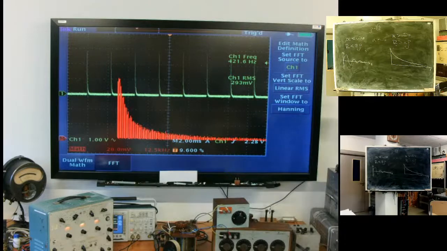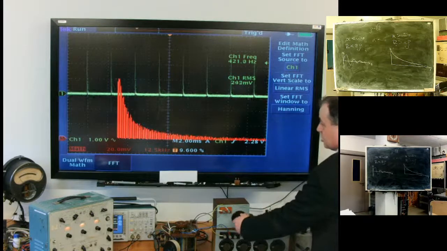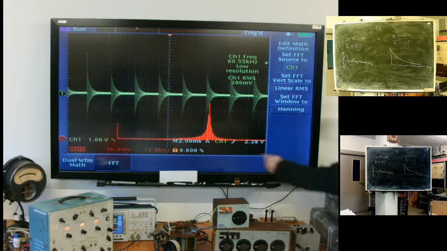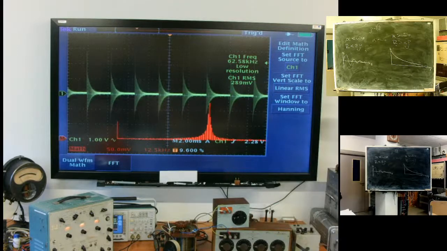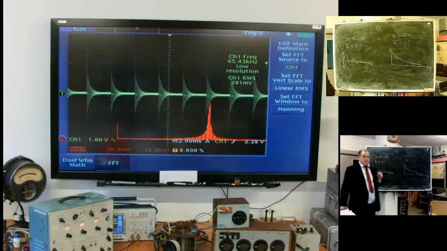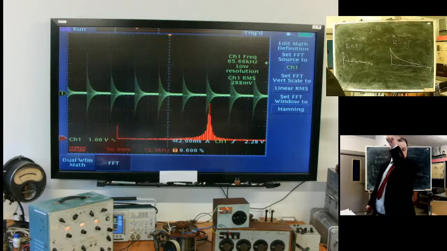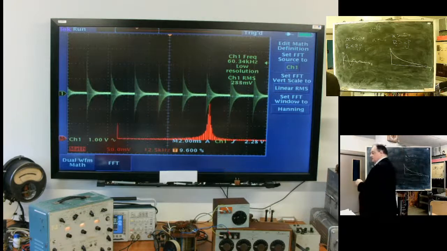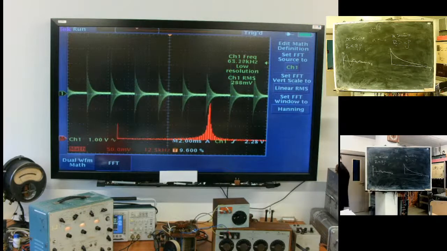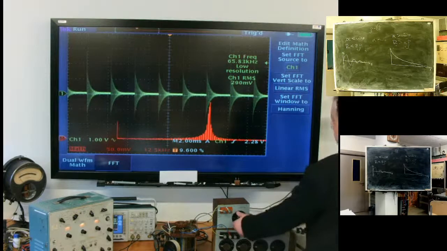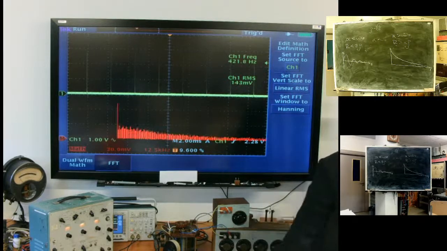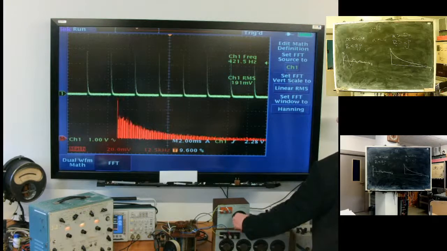Aperiodic regime, wide frequency range. Resonant regime, very narrow frequency range. The same energy is concentrated. That's what we see, this nice voltage from nowhere. If you attempt to load it, everything disappears.